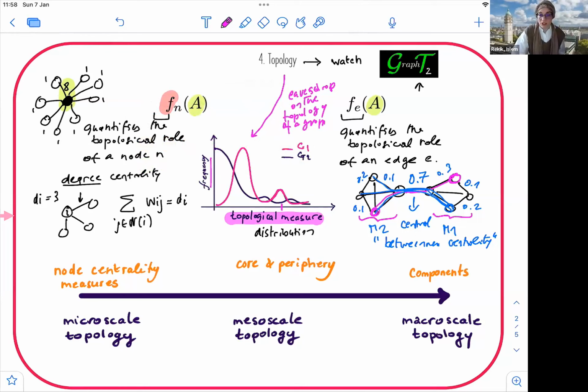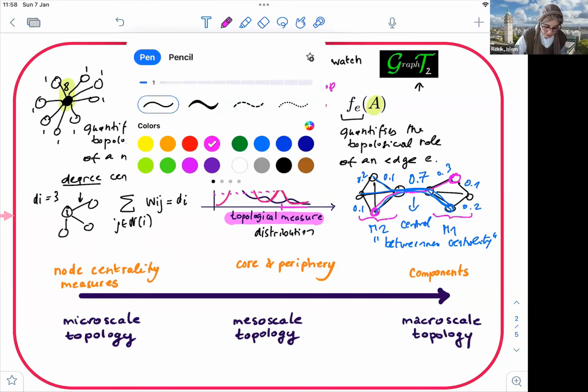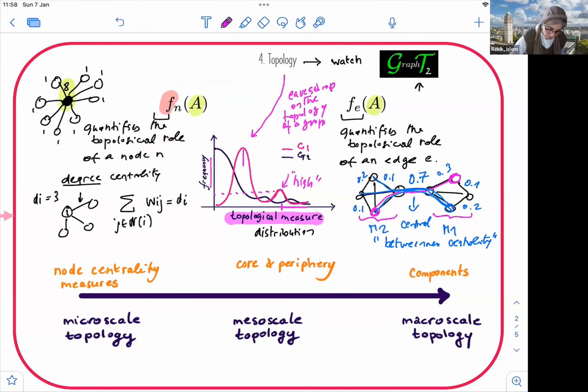In this distribution we have the frequency, how many nodes have this topological measure, or how many edges, if we are plotting the topological distribution of edges. Here we see low frequency, which means very few nodes have a very high centrality measure. And in this graph, many nodes have a sort of medium or low centrality, or topological measure.